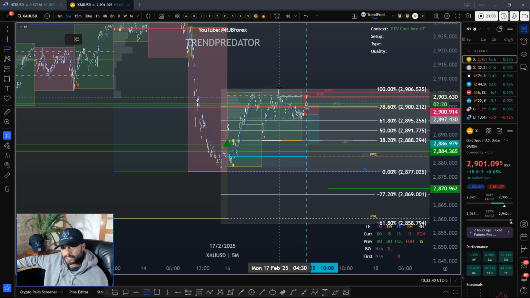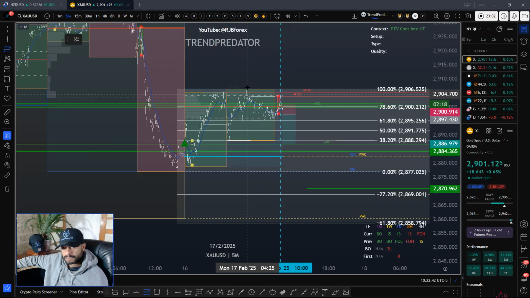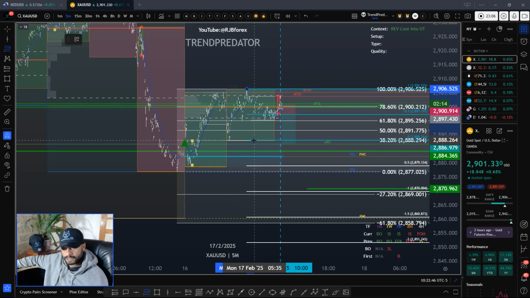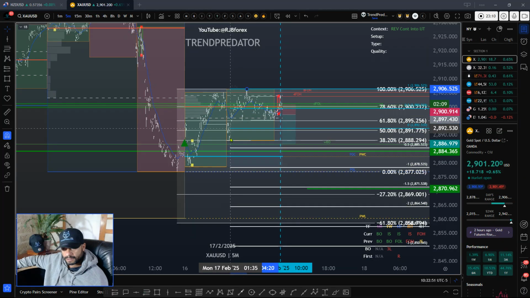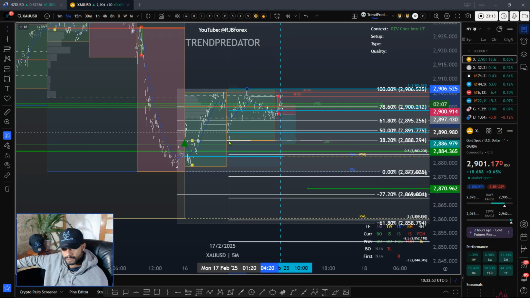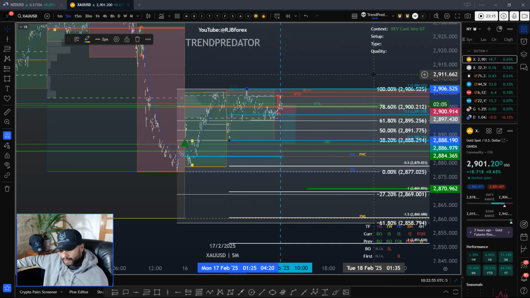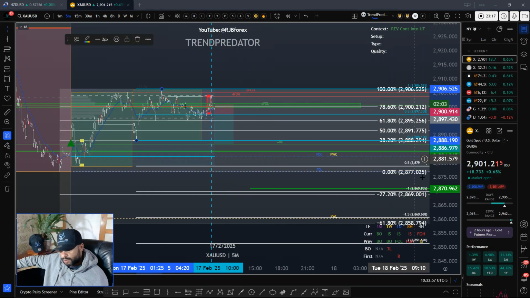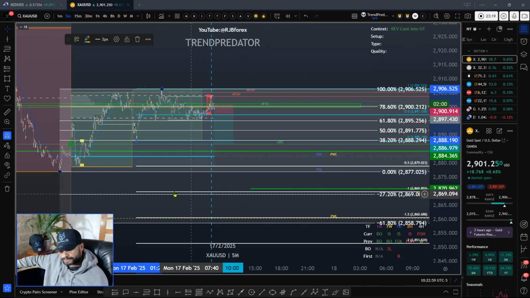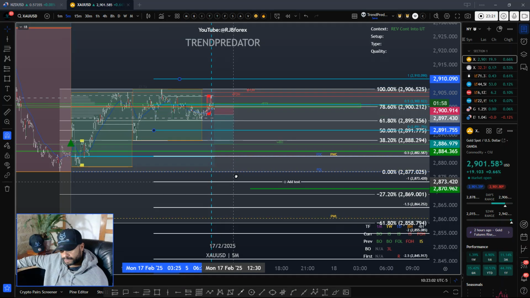so I do the high of London, if I can get it on there. There it is. To the low of London. No, not quite. Come on, there. As you can see, a 100% range expansion. So we get rid of the Fibonacci for the moment.